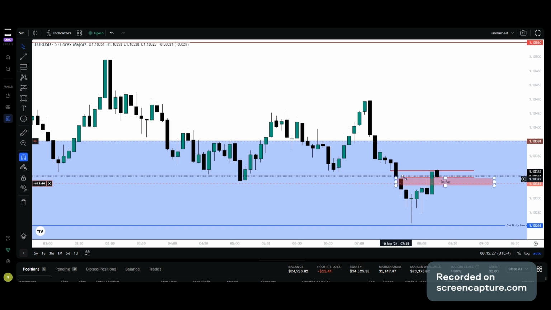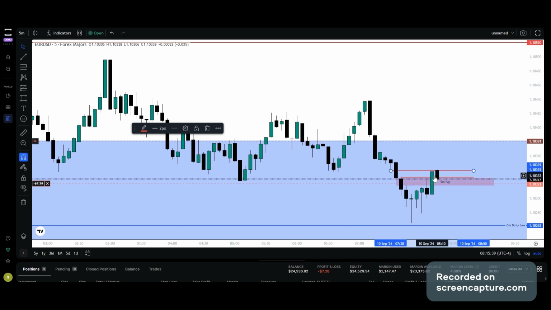So this horizontal line is at 1.10339. So I want the bodies of this candle to respect that level. And I'd like to see price run lower here now.